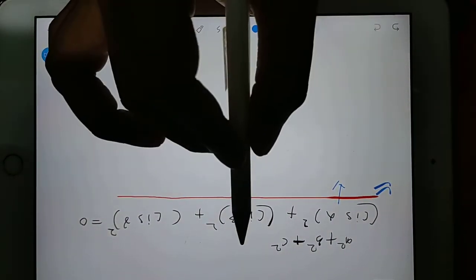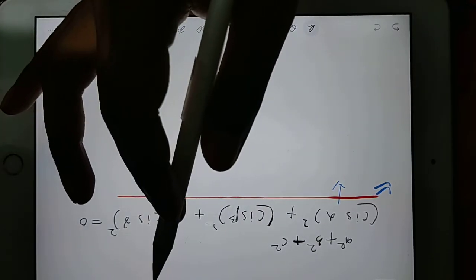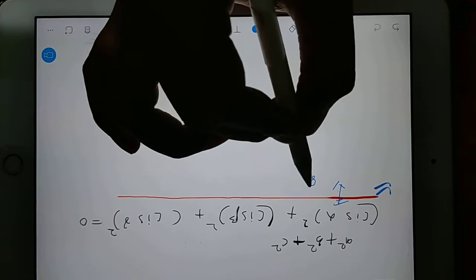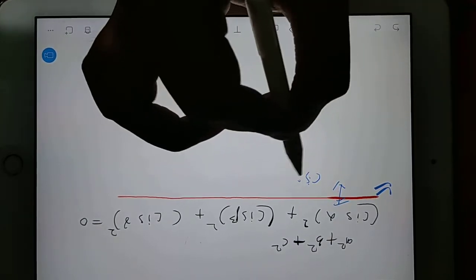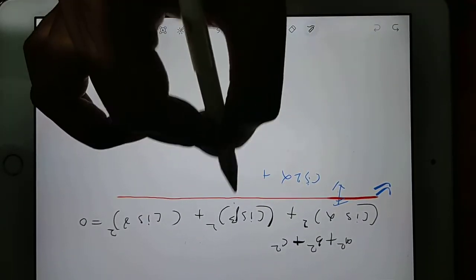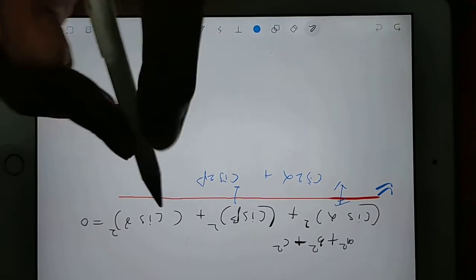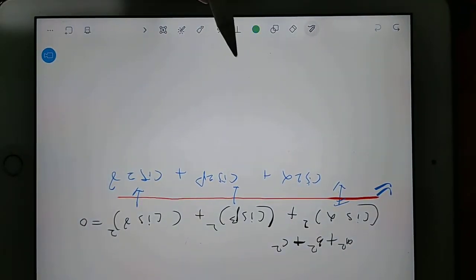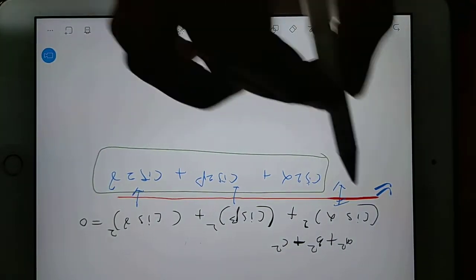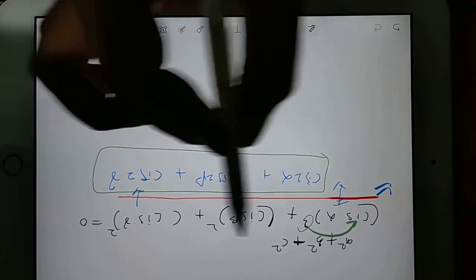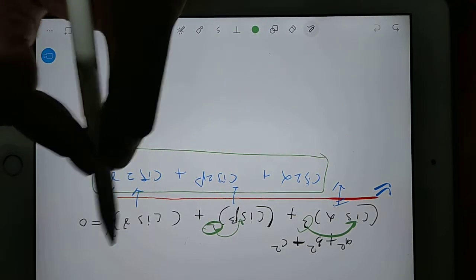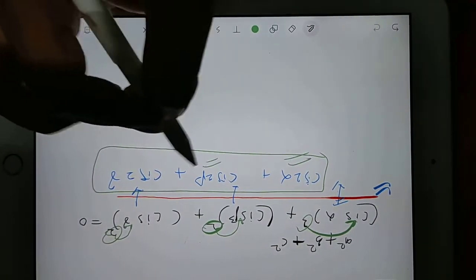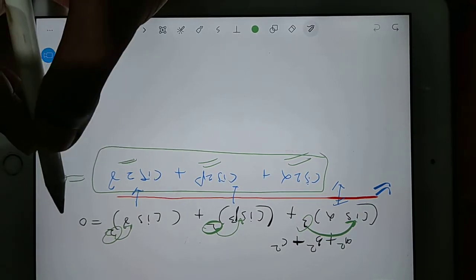Now in this separate value we have to find the answer. We have to convert this in terms of cis 2 alpha plus cis 2 beta plus cis 2 gamma. How can I write this? Using De Moivre's theorem. This 2 will go here, this 2 will go here, and this 2 will go here. So cis 2 alpha, cis 2 beta, cis 2 gamma is equal to 0.